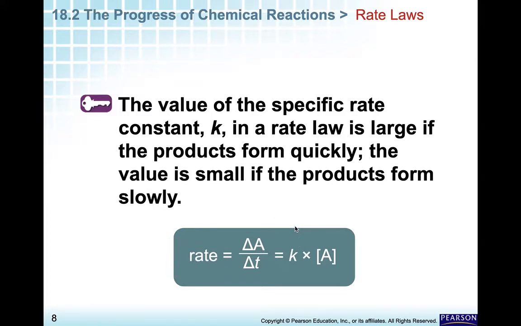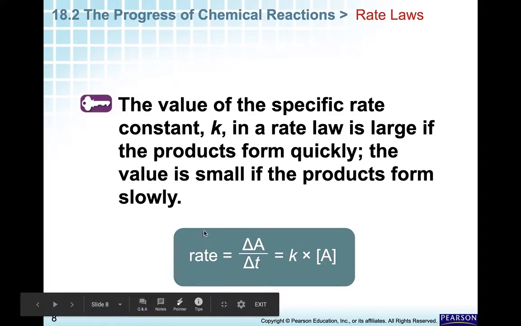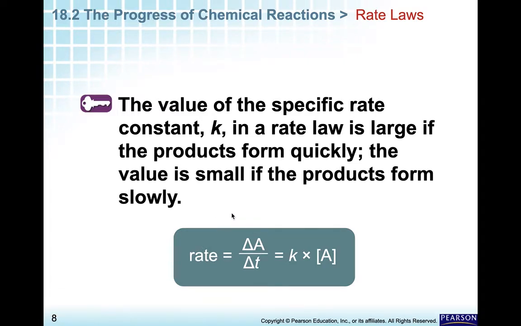So a large K value will give us a fast rate value. On the other hand, if K is very small, then our rate is slower. Products do not form as quickly. So the larger K is, the faster our rate, the faster the products form in our reaction.